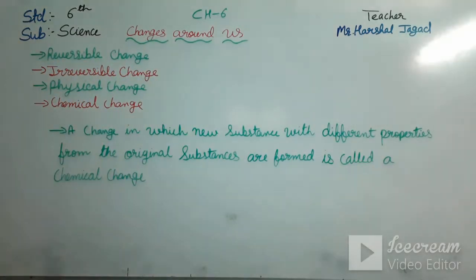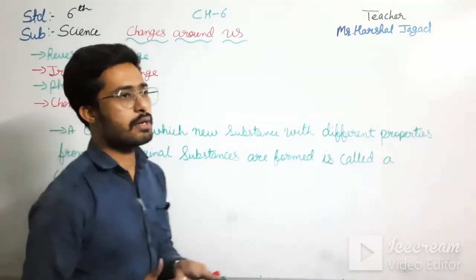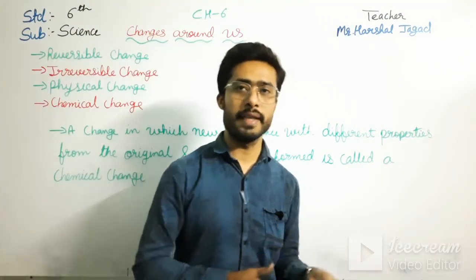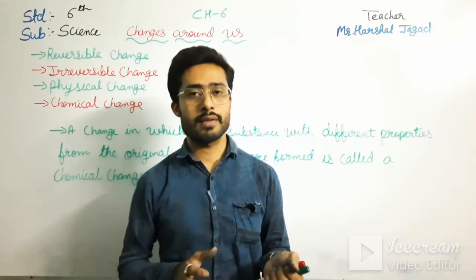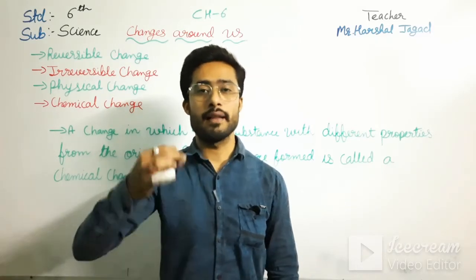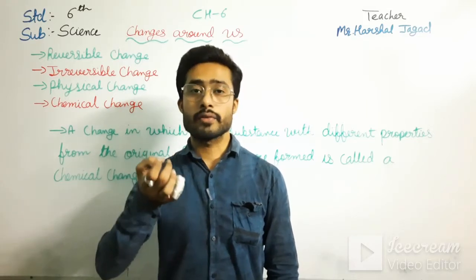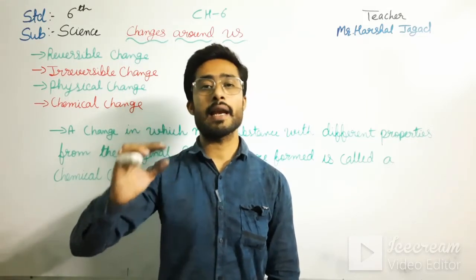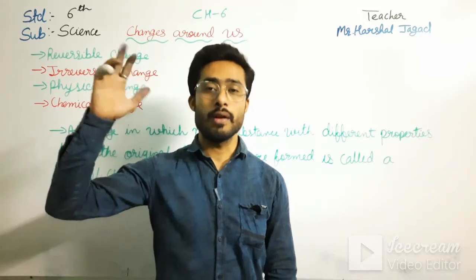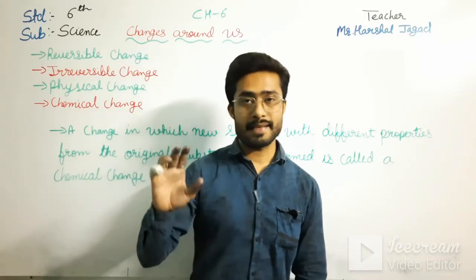Okay, students, there are many examples of it that we have seen in the previous video. If I take a candle and burn it, the solid wax is converted into vapor or gas form.